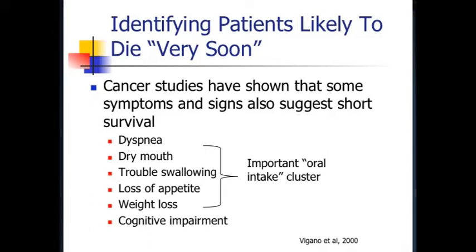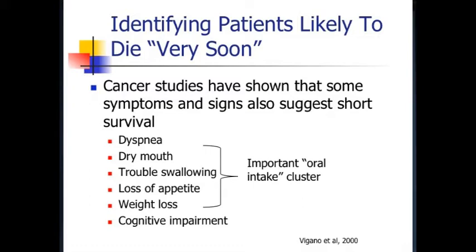Because if you can conceptualize that shift, that transition, you can begin to communicate with both the patient and family with different sets of priorities, and that could be helpful. So obviously one way of doing that is a clinical estimation. A second way is with performance status. A third way is looking at specific symptoms or signs that are predictive of a relatively short survival. And there are some data that help with this.